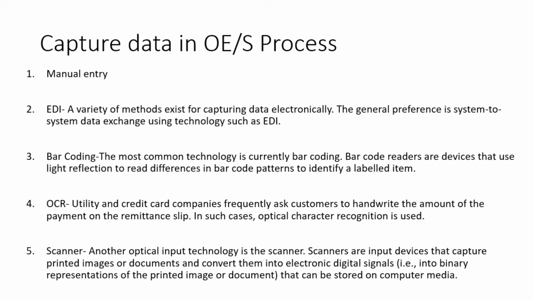They are input devices that capture printed images or documents and convert them into electronic digital signals. They are converted into binary representations that can be stored on computer media.